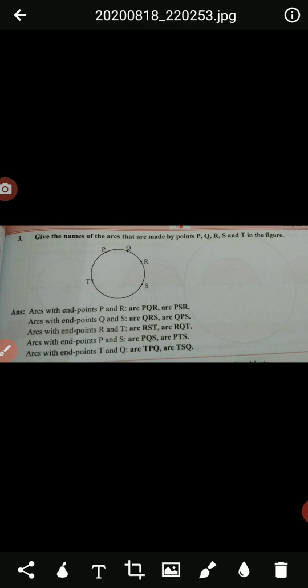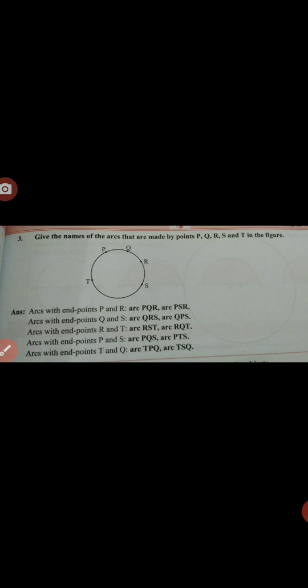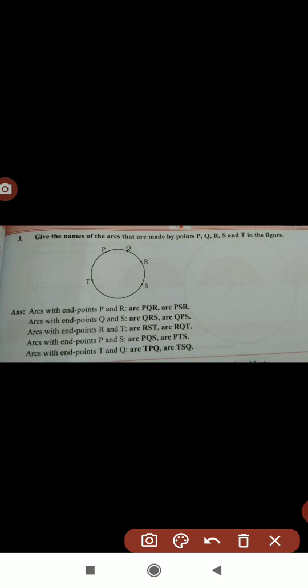Third one: give the names of arcs that are made by P, Q, R, S and T in the figure. The arcs with the ends P and R are PQR and PSR. Next, Q and S: QRS and QPS.